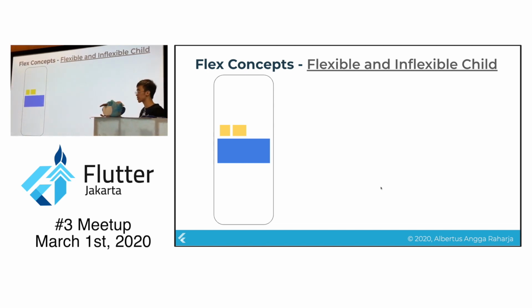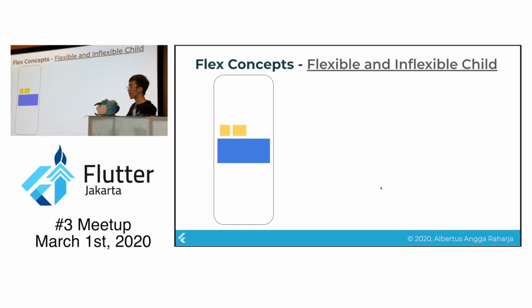So how do you set flex factor? To set flex factor, you have to wrap your child widget with an expanded or flexible widget. So if it's not wrapped inside expanded or flexible, it will be considered inflexible. Or setting the flex factor to 0 will make the child widget inflexible.